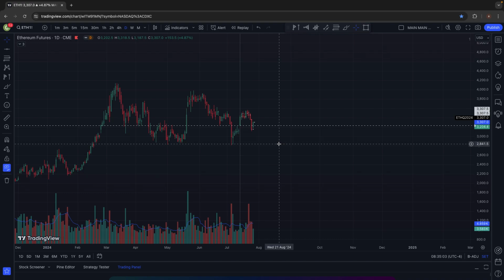Be alert of your timing: are you entering on a 4-hour close, a New York session open or close, CME open or close, or are you using levels like, hey, I'm not going to enter unless this level gets tapped, I'm not going to do this until this liquidity gets grabbed? What is your edge?